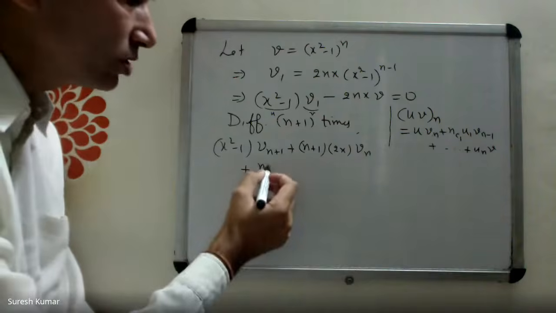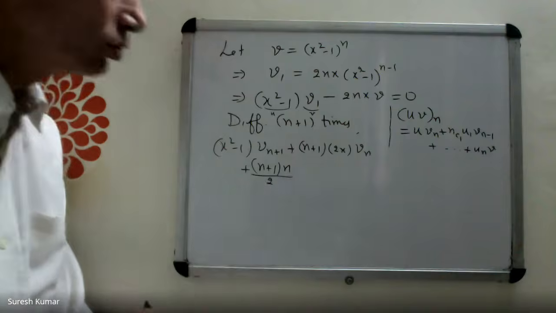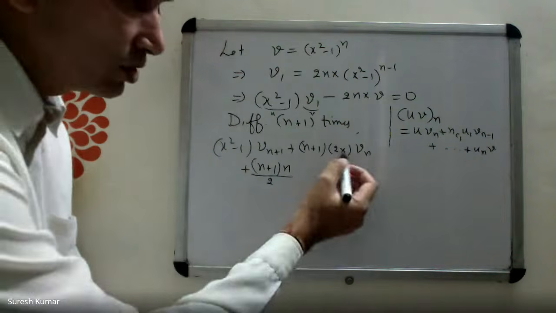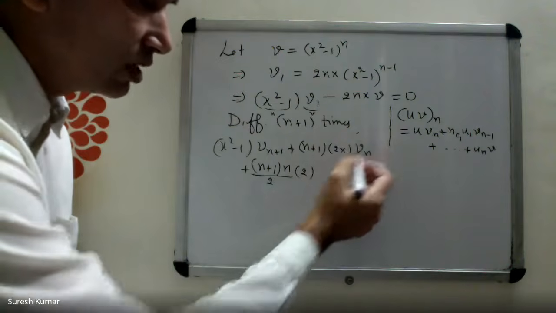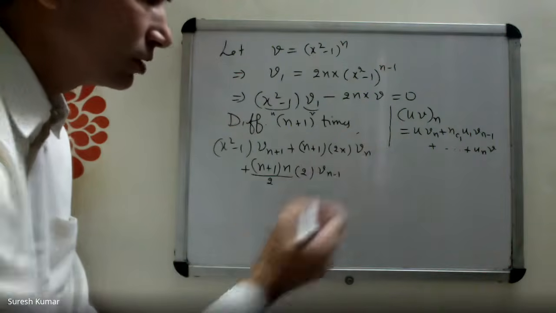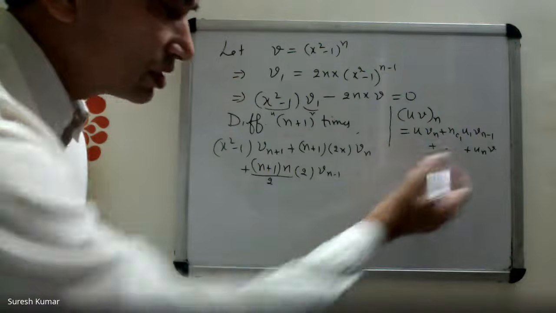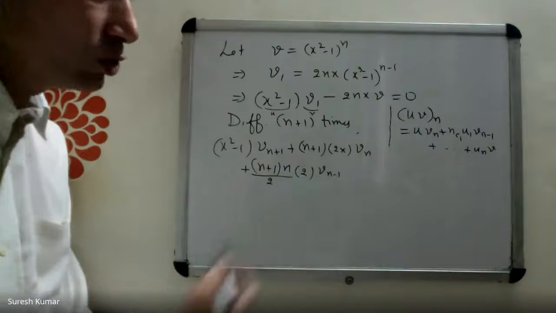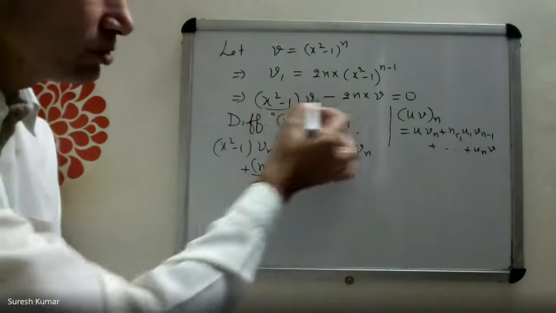What is n plus 1 C2? (n plus 1) into n over 2 factorial. The derivative u₂ is 2, and one derivative less means vₙ₋₁. After that, you need not write the steps, because the next derivative of 2 would be 0. So you are done with the derivative of this term.